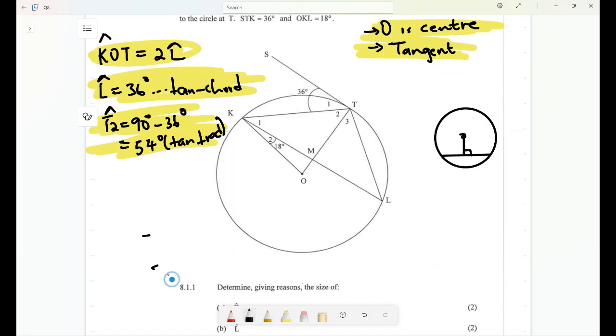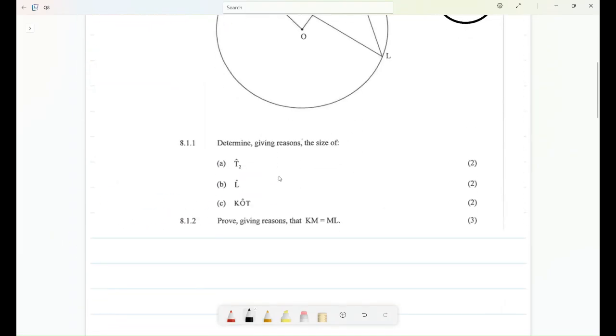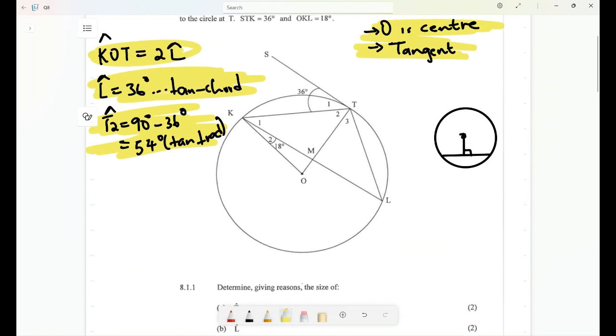Can you see now? Prove that KM is equal to ML. We are required to prove that these two are equal. How can I do that?